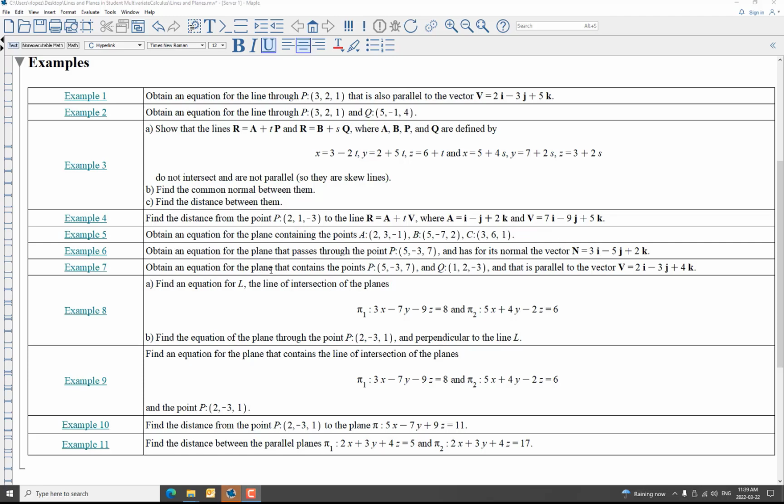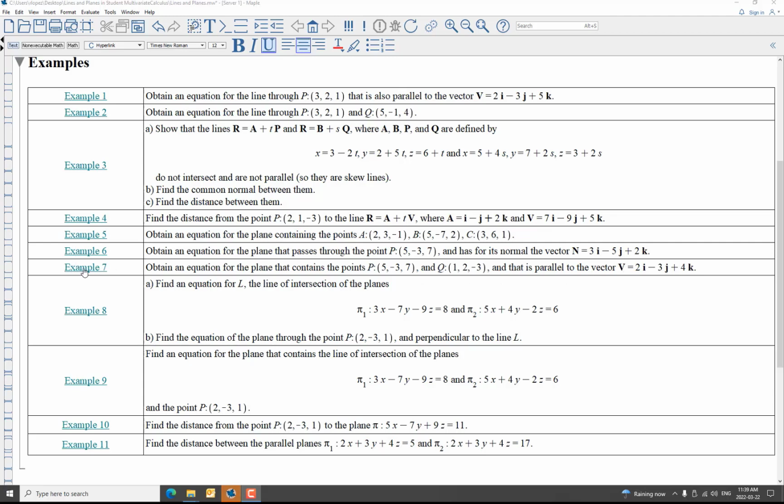Example 7 asks for the equation of the plane that contains these two given points and is parallel to this direction vector, which means that that direction lies in the plane.